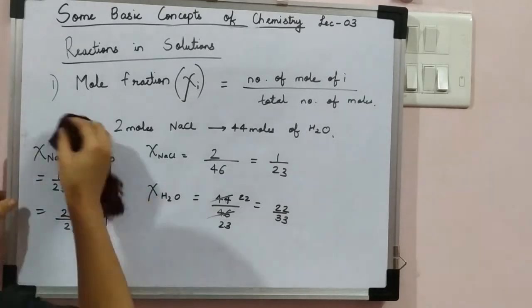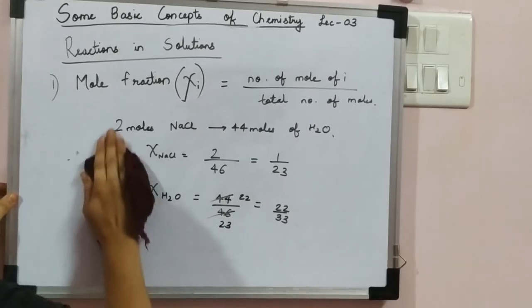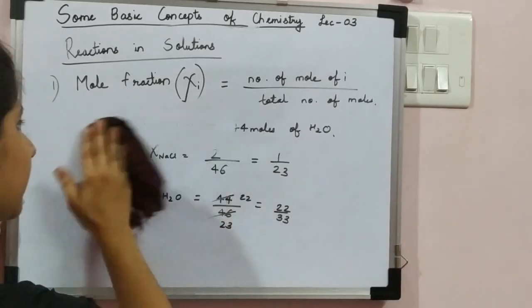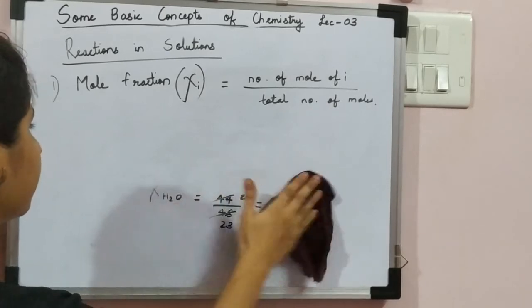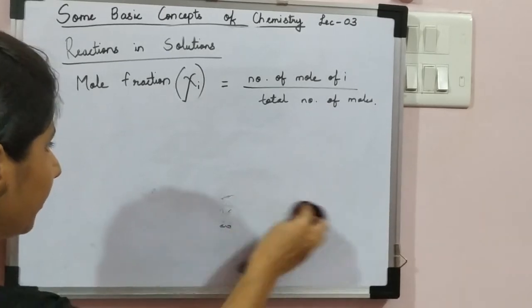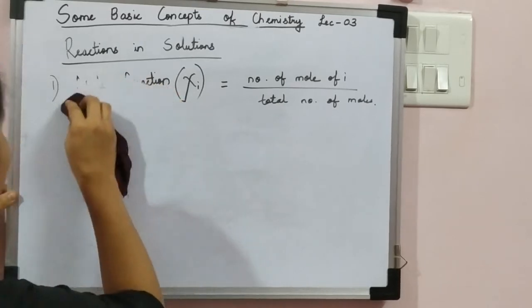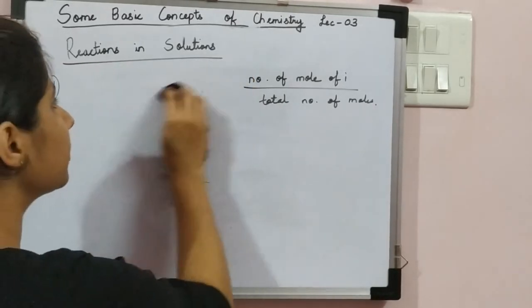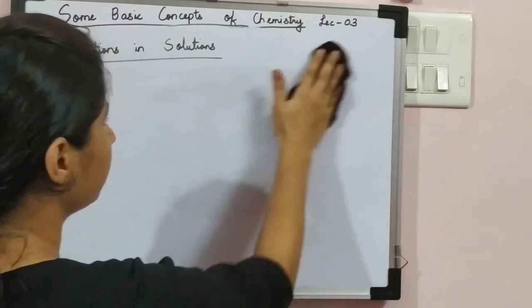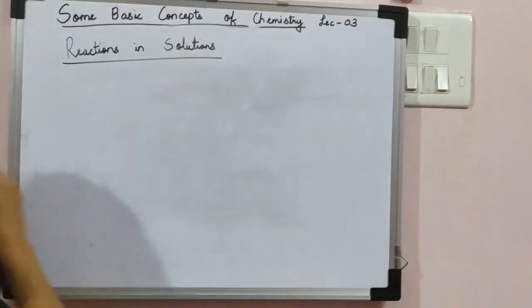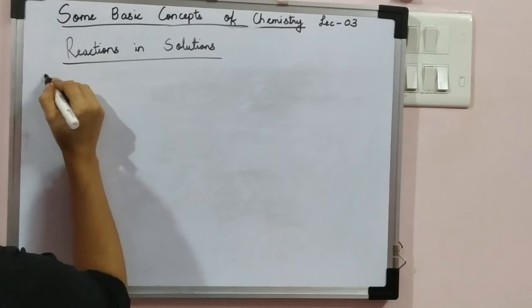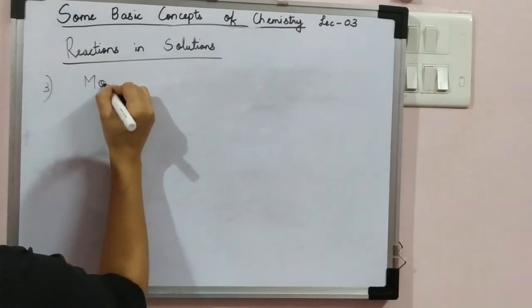The other important formula that we learn is molarity. Now what is molarity? Molarity is also a way to determine the concentration of the solution. What we learned earlier, mass fraction, mass percentage and mole fraction, were also ways to calculate concentration, but a very widely used term is molarity.